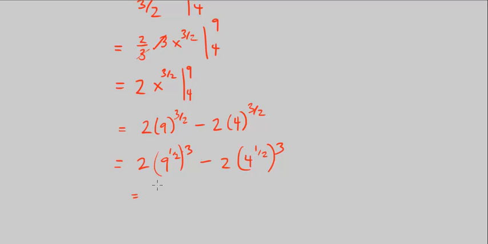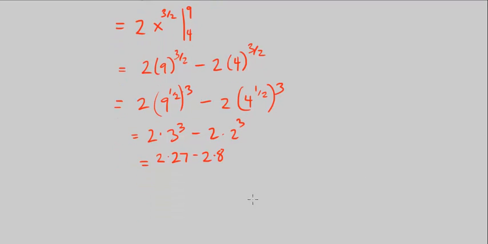Square root of 9 is 3, so this is 2 times 3 cubed minus 2 times square root of 4, which is 2, cubed. 3 cubed is 27, 2 cubed is 8. So 2 times 27 is 54, 2 times 8 is 16. And 54 minus 16 is 38. So we have 38 units squared.